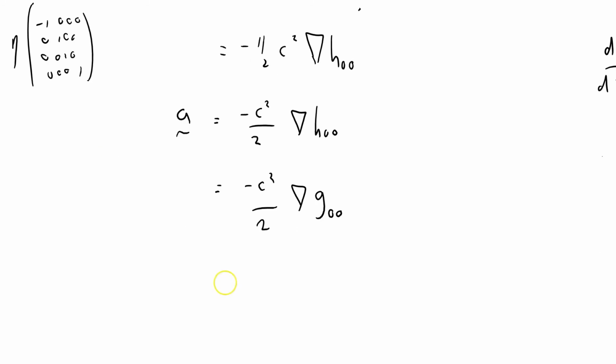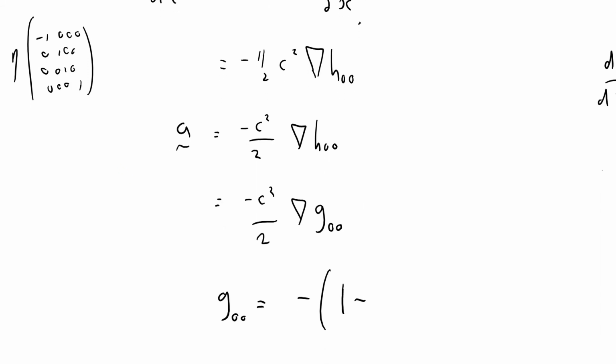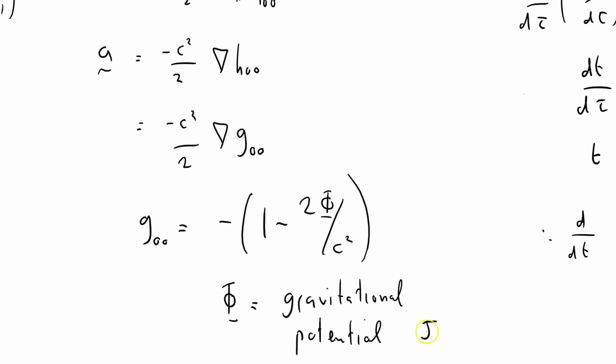And if I take g 0, 0 to equal minus 1 minus, there's lots of minus signs here and it's easy to get confused. I'm not entirely convinced I've got all my signs correct in this screencast. 2 phi over c squared, if I just formally make that identification, where phi equals the gravitational potential in joules per kilogram, I guess it is.